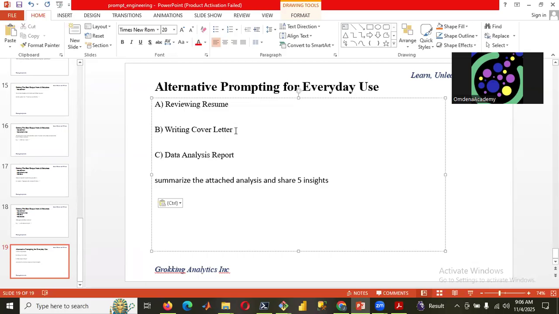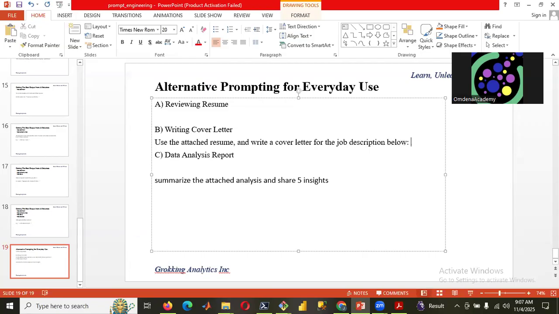So you can also tell it to write a cover letter. Before you write the cover letter, you say use the attached resume, meaning that you have to attach your resume, right? And write a cover letter for the job description below.